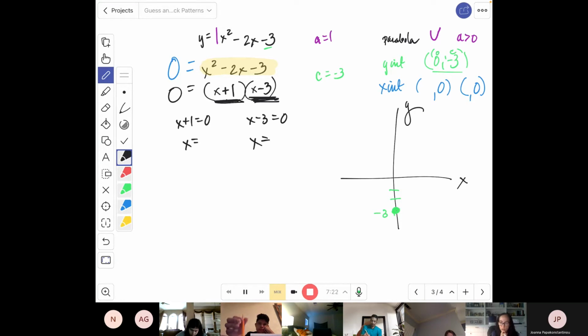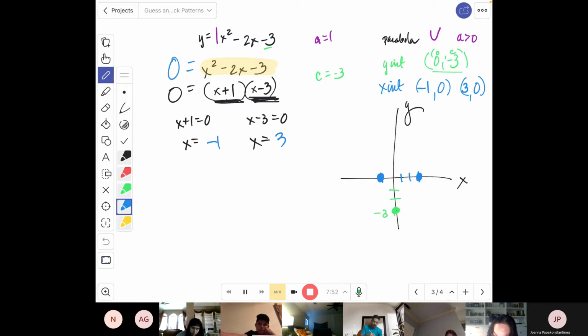X equals what? -1 and +3. Okay, so I have my x-intercepts. Let's plot our x-intercepts: (-1, 0) and (3, 0).